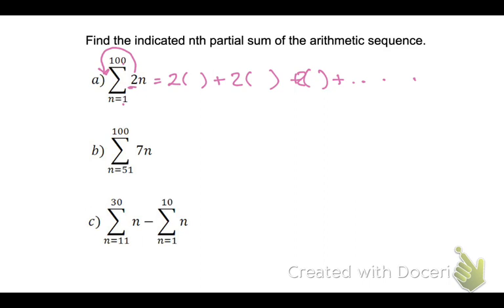So anytime we have a constant there, we're going to kick it out. Every time. So we're going to rewrite this as 2 times the sum of n equals 1 to 100 of n.